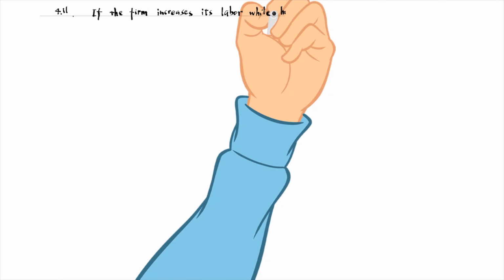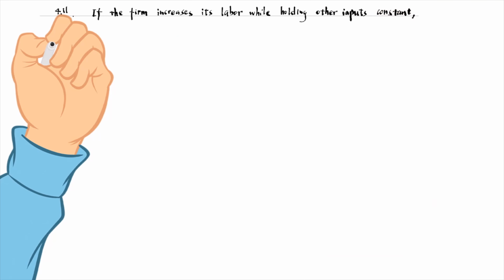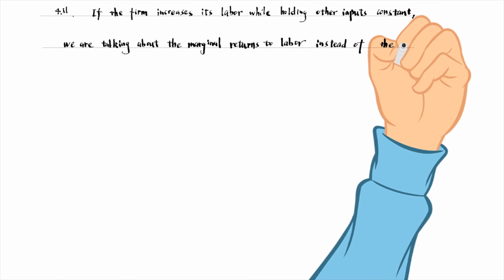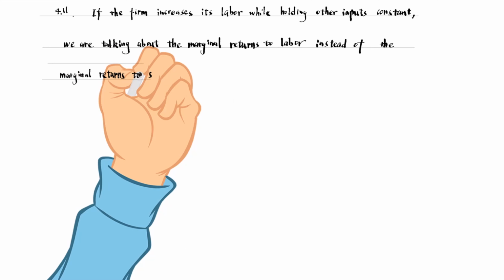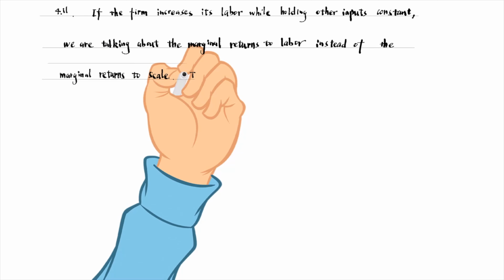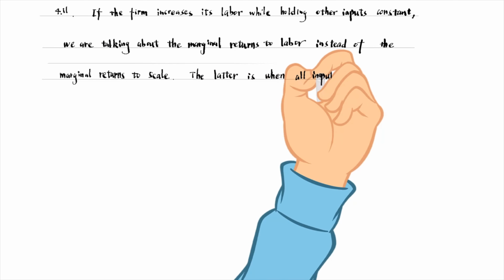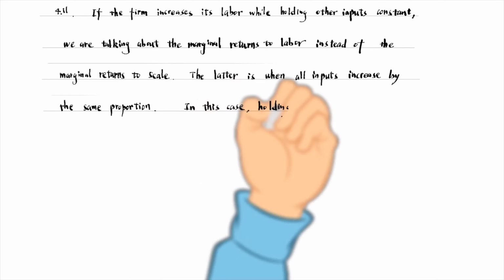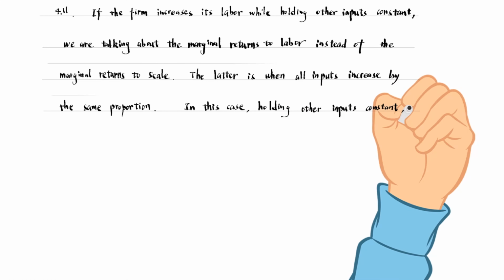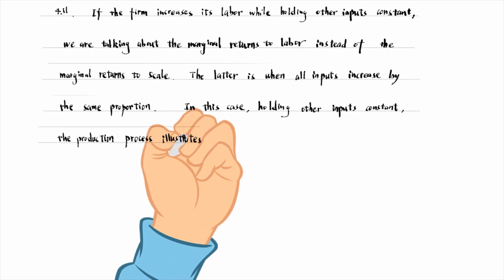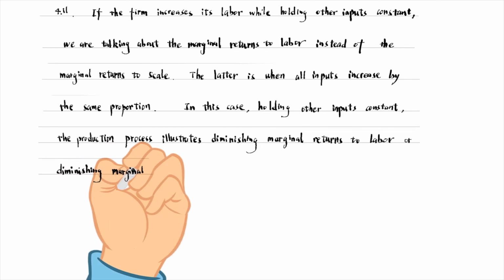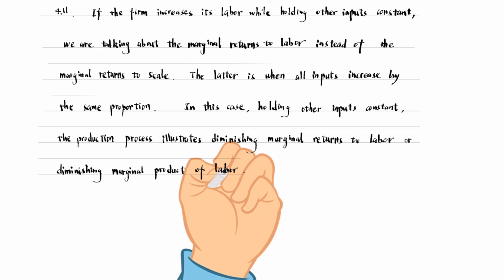If the firm increases its labor while holding other inputs constant, we are talking about the marginal returns to labor instead of the marginal returns to scale. The latter is when all inputs increase by the same proportion. In this exercise, holding other inputs constant, the production process illustrates diminishing marginal returns to labor, or diminishing marginal product of labor.